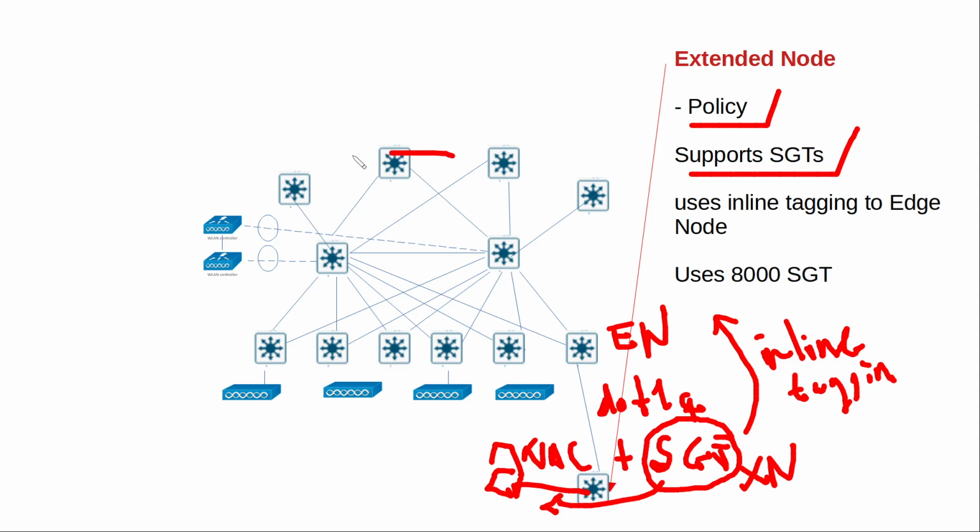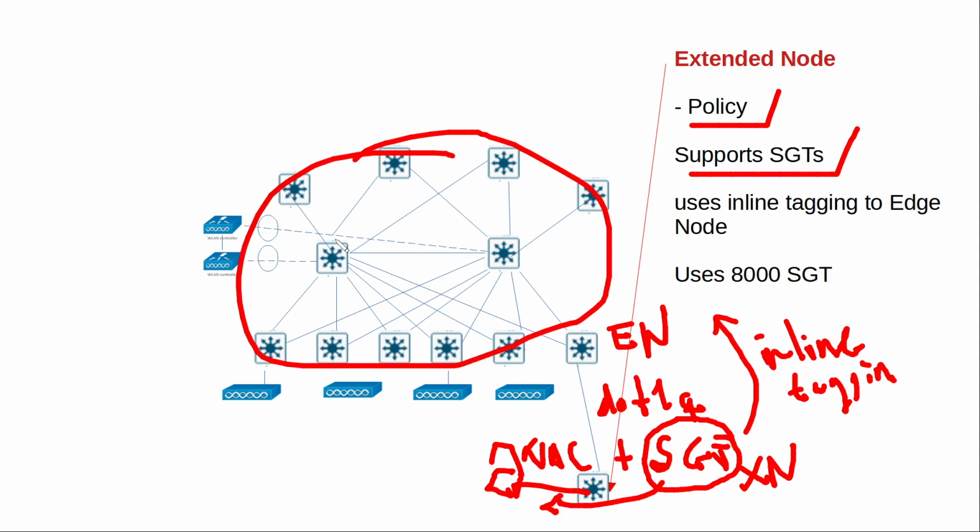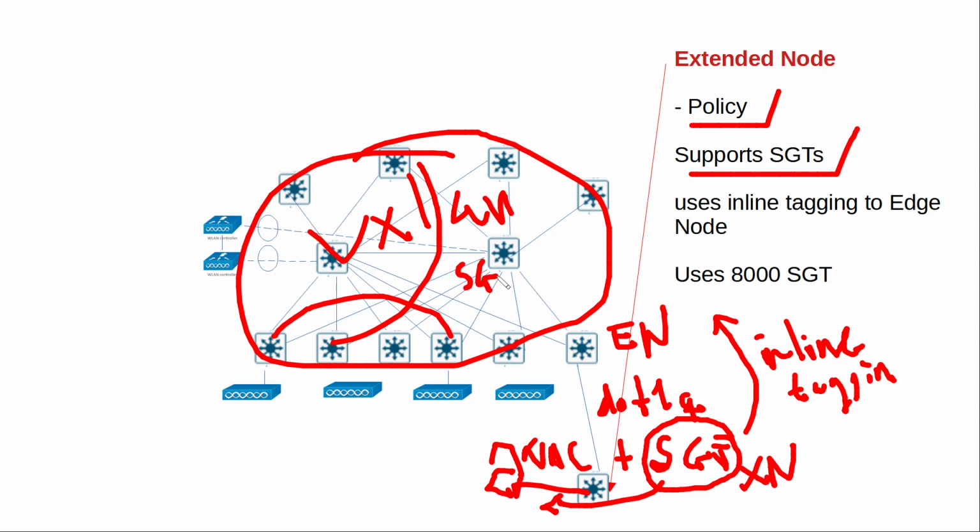Remember that within the fabric, we're using VXLAN, and when transporting traffic within the fabric, we are using the VXLAN headers in order to communicate the scalable group tag, because we're using a field within the VXLAN header to communicate this value.